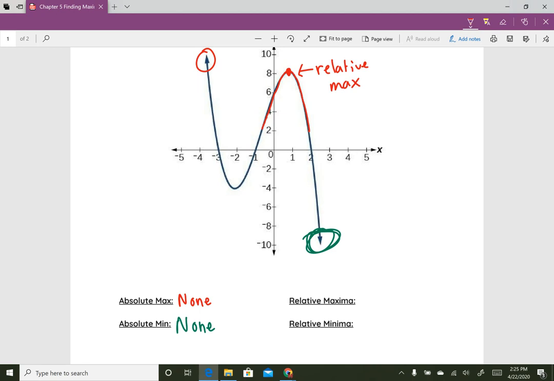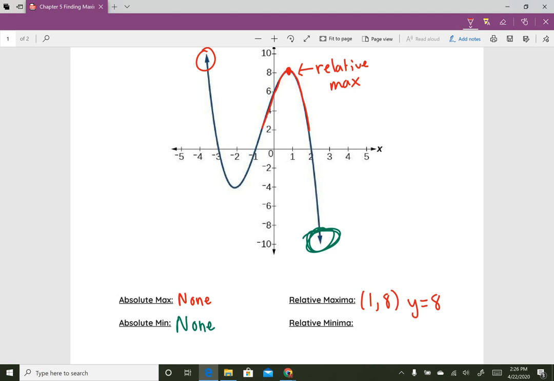So what I'm going to do is see what this point is. If we look, and I'm just estimating here on this one, it's not as clear, this is 1,8. The way we write relative maximum, a lot of people just say it's y equals 8. However, what we're moving on to next, you're going to want to know the whole point. So let's get into the habit of writing down the point. We can just say it's at the point 1,8, but it's y equals 8.